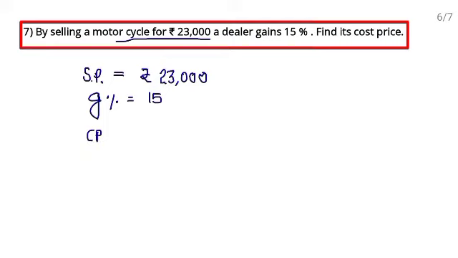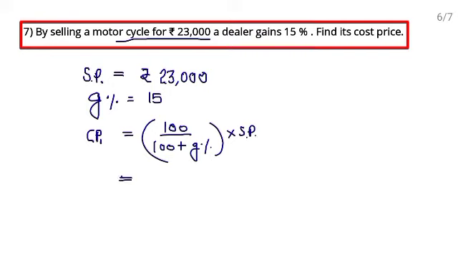You know the formula of cost price if selling price and gain percent is given. 100 upon 100 plus gain percent multiply selling price. Clear?